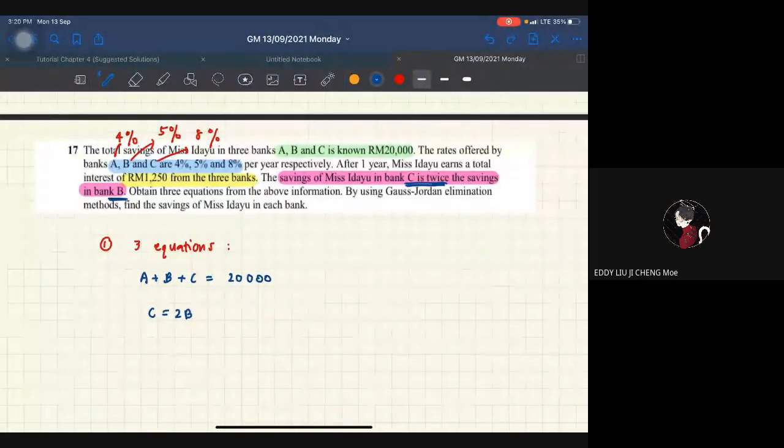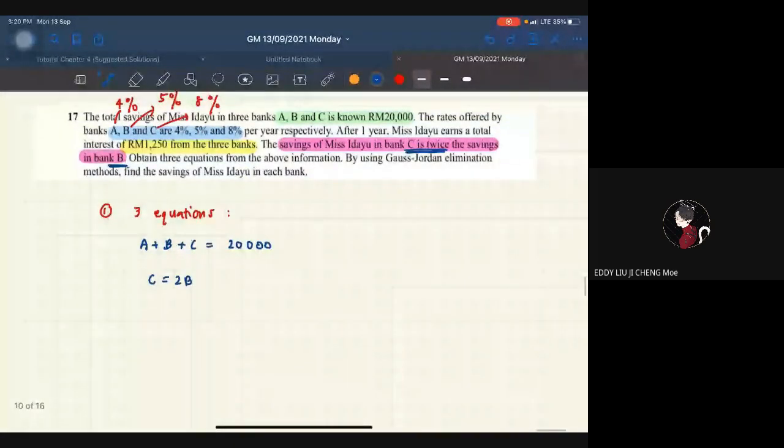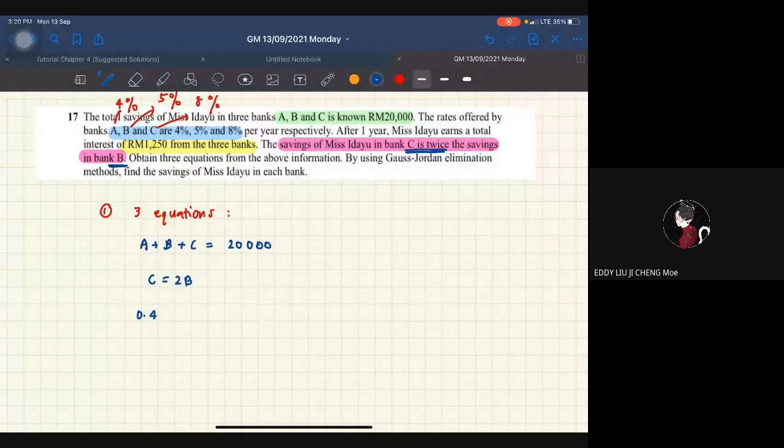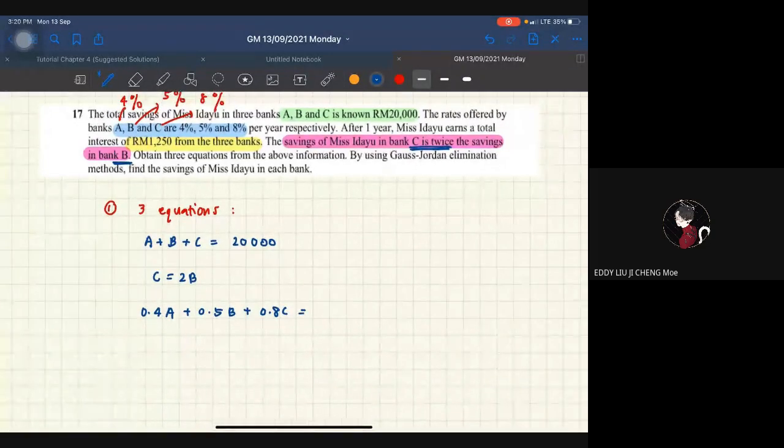So maksudnya you have 0.4A plus 0.5B plus 0.8C equals to 12500. Okay, saya faham maksud awak.